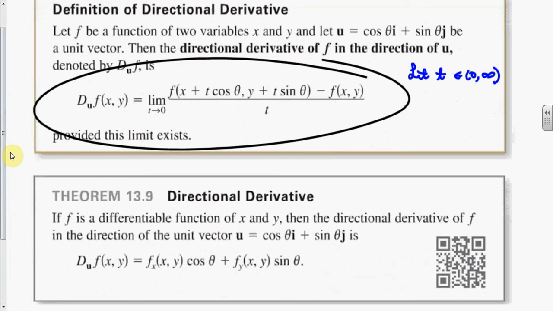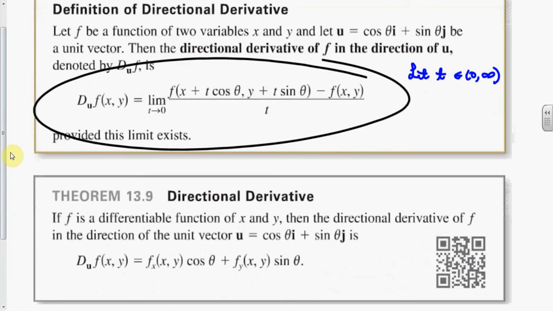So if you change that and investigate that at x and y, then this becomes f of x plus t cosine theta, y plus t sine theta, minus f of x comma y. So whatever x is here has to be the same x over here, right? And whatever y is there, the same thing. The theorem says that the formula that you want is this.